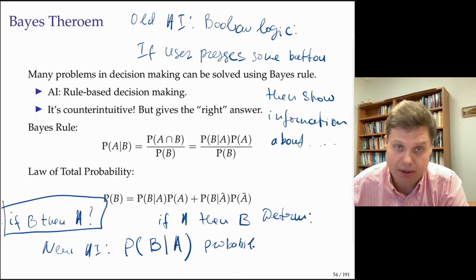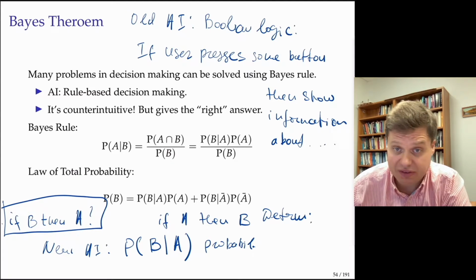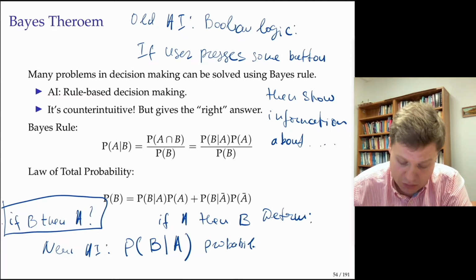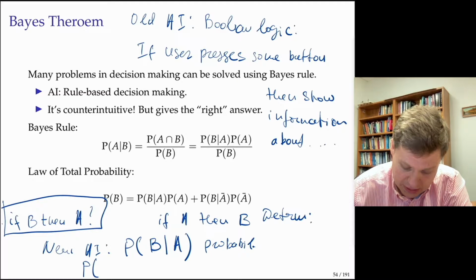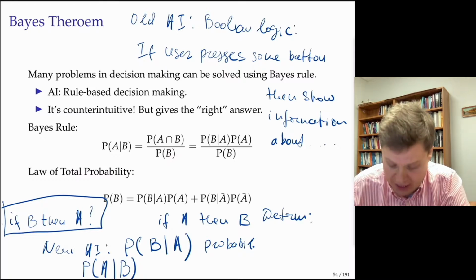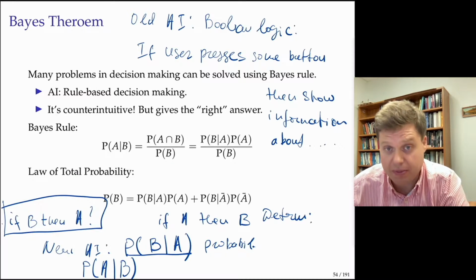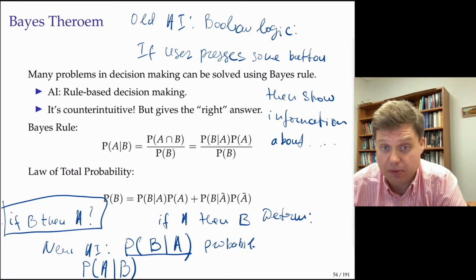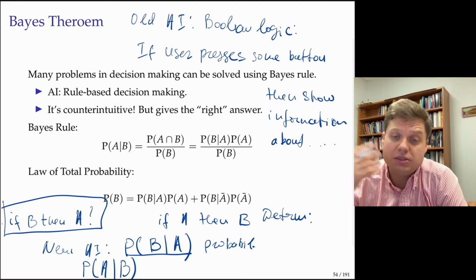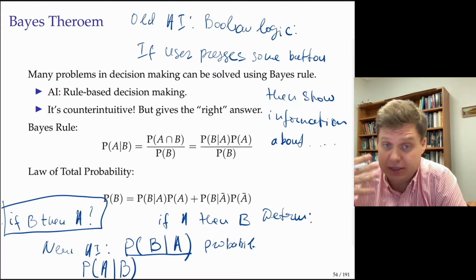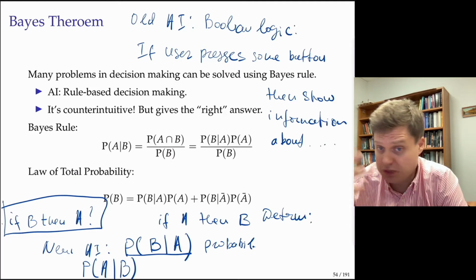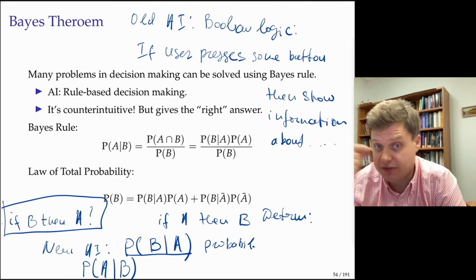There's nothing you can say about if B then A. However, in the probabilistic world, we can invert it and we can calculate probability of A given B if we know probability of B given A. So somebody coded this one and we have the prior for A, we can actually calculate probability of A given B. So we can do this probabilistic inference, and the system becomes more flexible, inference becomes easier, and you can do these probabilistic queries, and instead of just finding the right if-then statement, you actually can calculate the conditional probabilities.